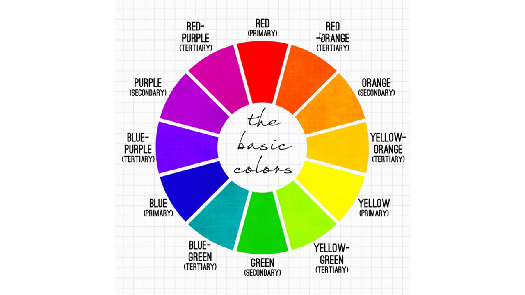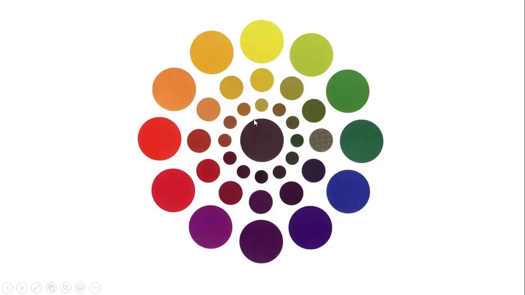Now, does that mean there are only 12 colors? No. What you really need to think is this is a complete sphere, right? And you could pick the color that's closer to here, or color to here, or color to here, color here, color here, color here. They're all over. And if you mix towards the center, right, you mix across. If I were to mix some purple with some yellow, that's where we get our browns. So our browns come into play when we start mixing across the color wheel.